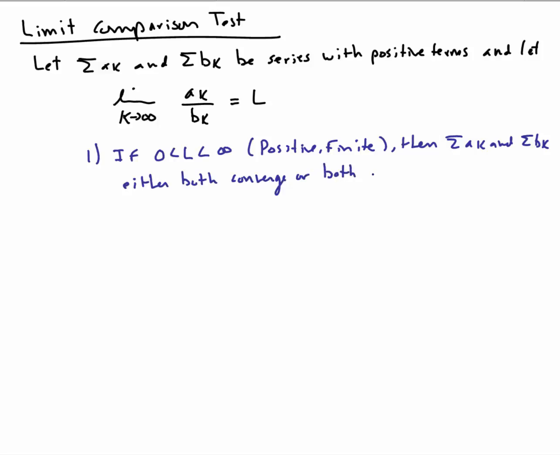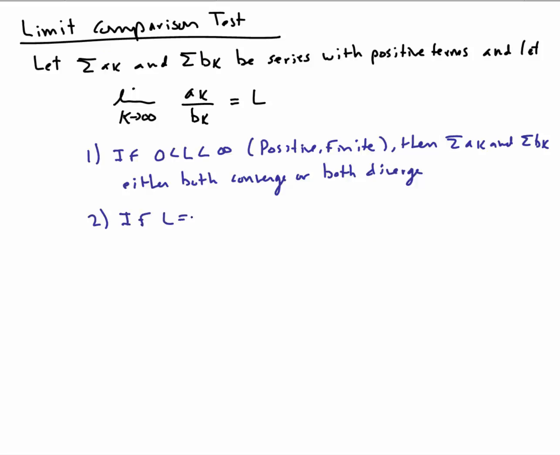Now one of the things here is I still have to choose a series to compare it to. So that's one of the things we need to keep in mind. So just like direct comparison, I choose the series to compare it to. So I'm either given a sub k or b sub k, and then I have to come up with the other one to make one of these things hold true.